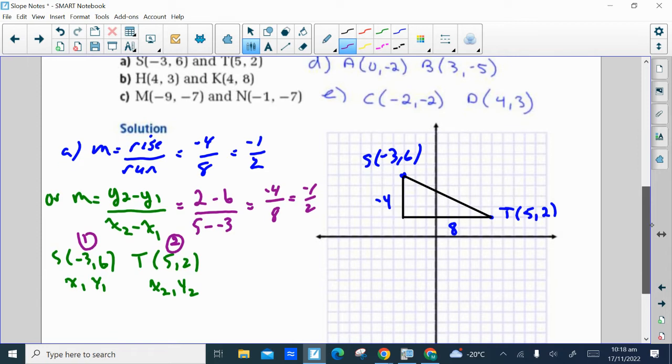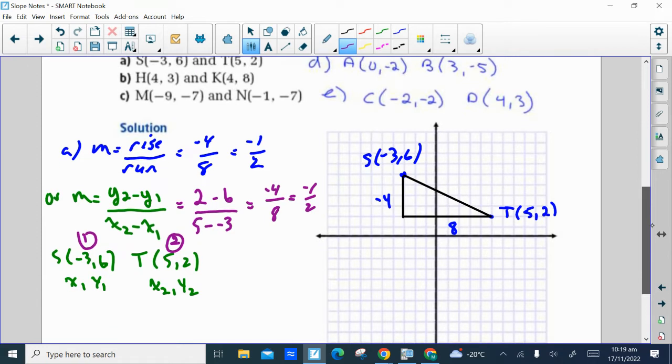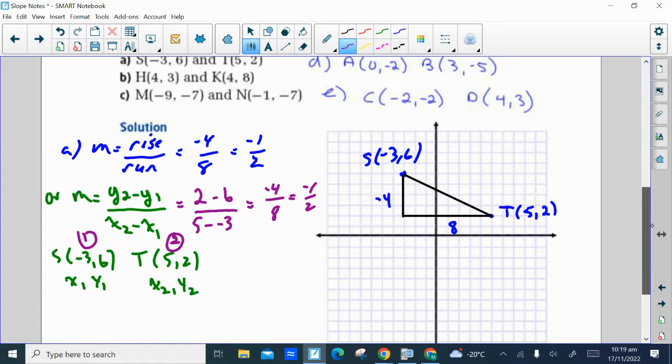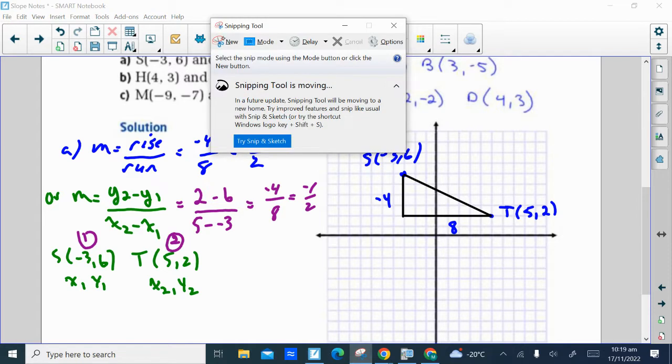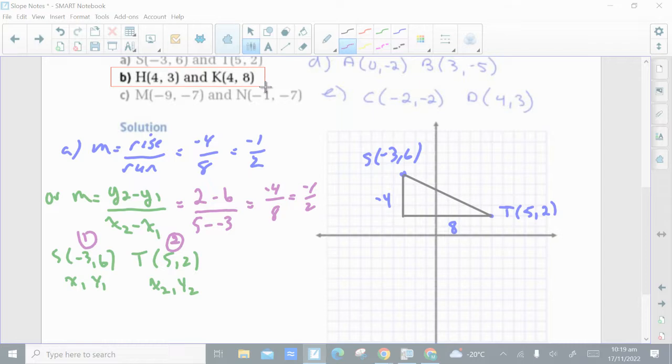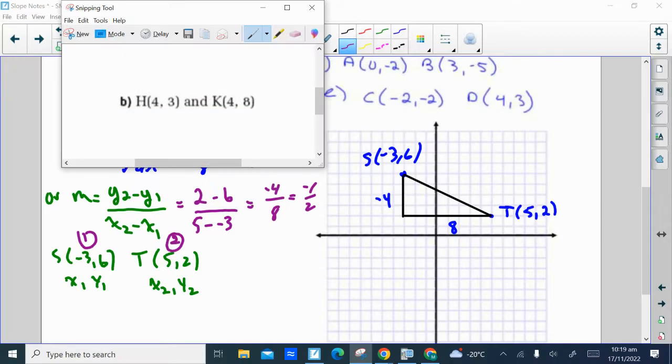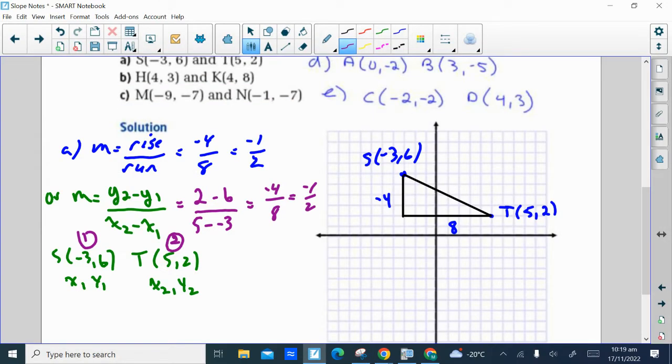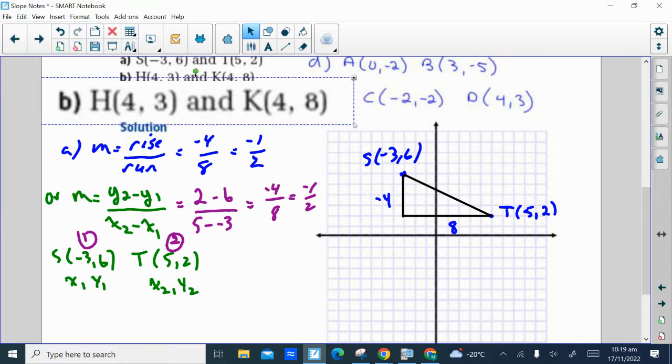So let's use the slope formula to finish off the rest of these. B says I'm going to go through H, which is 4, 3, and K, which is 4, 8. Let me just copy it below here.